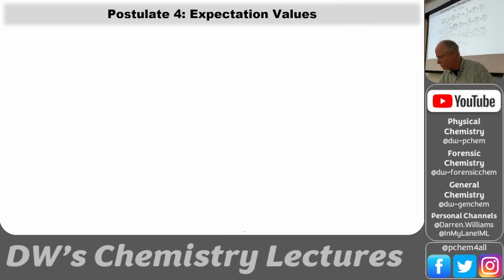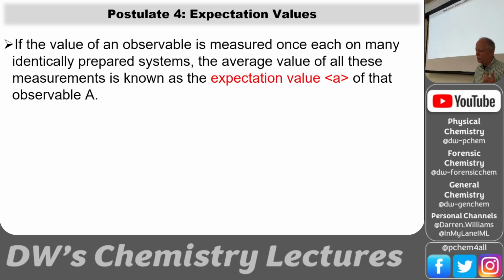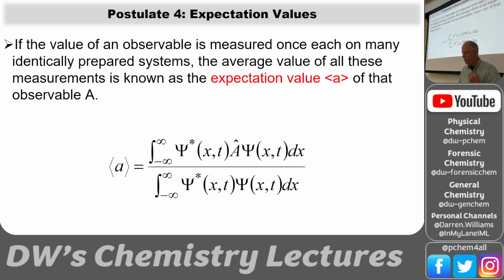Okay. Now, postulate 4, expectation values. Well, the energy that we just calculated, it was an expectation value. This is another way to write that equation. So our expectation value of energy would have had a wave function in front. We brought it over here on this side. So we have the operator times the wave function, left multiplied by the wave function and integrated over all space.